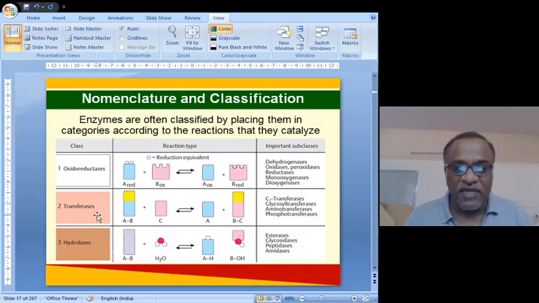Then we have transferases. The important subclasses are the C1 transferases, glycosyl transferases, aminotransferases, then phosphotransferases. We have hydrolases. The subclasses are esterases, glycosidases, peptidases, amidases.